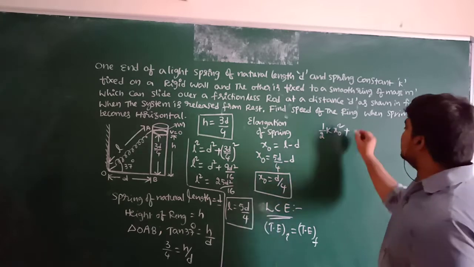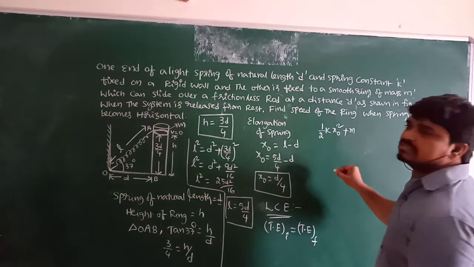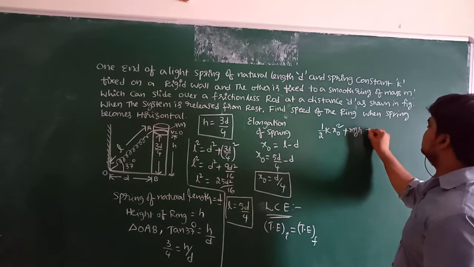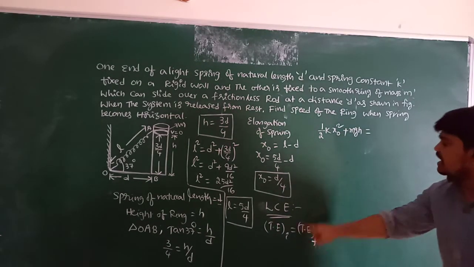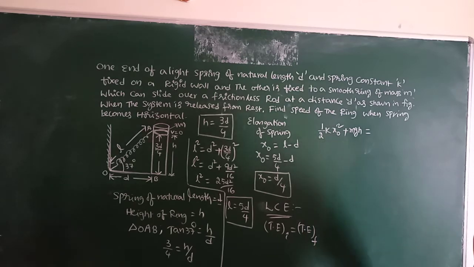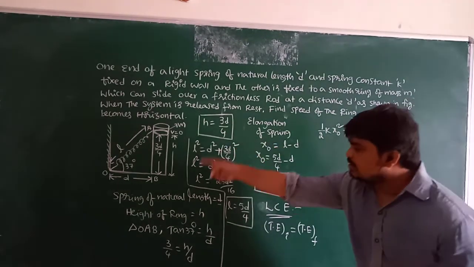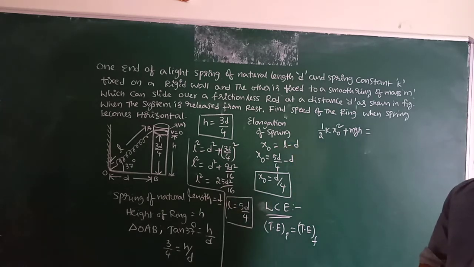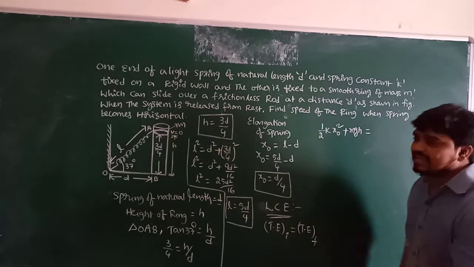That is potential energy, mass of the ring times g times the height of the ring. That is the initial energy of the system. When the ring comes to the bottom, it attains some velocity, and due to that velocity it possesses some kinetic energy.